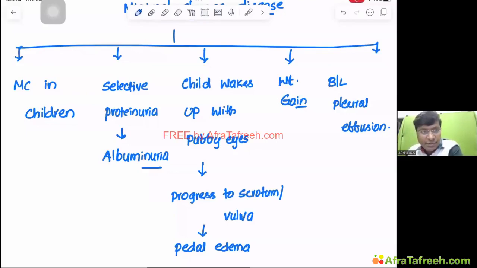Does anyone know what is Light's criteria in pleural effusion? What is the Light's criteria used for? It is mainly to identify exudative type of pleural effusion. Can anyone tell me what are the components of the Light's criteria? There are totally 3 components, and out of 3, one should be positive.